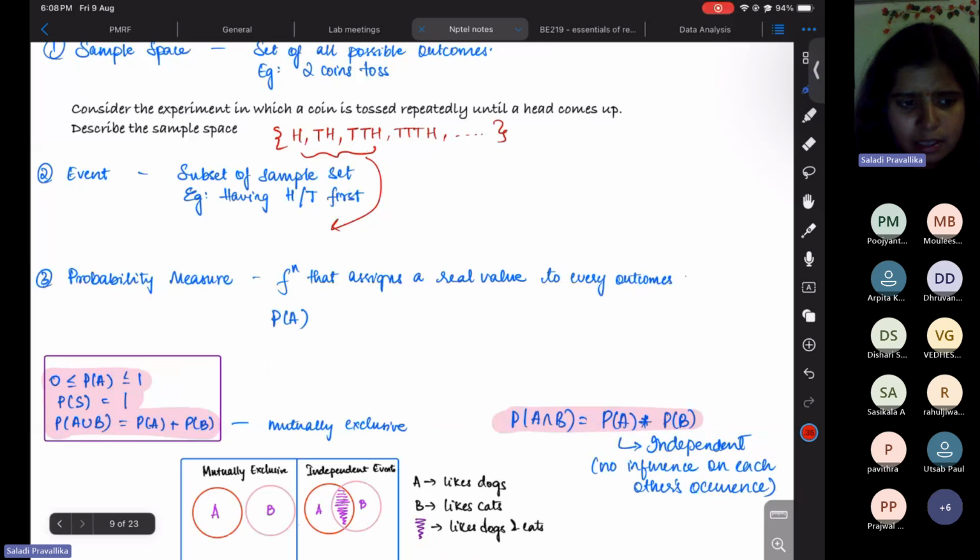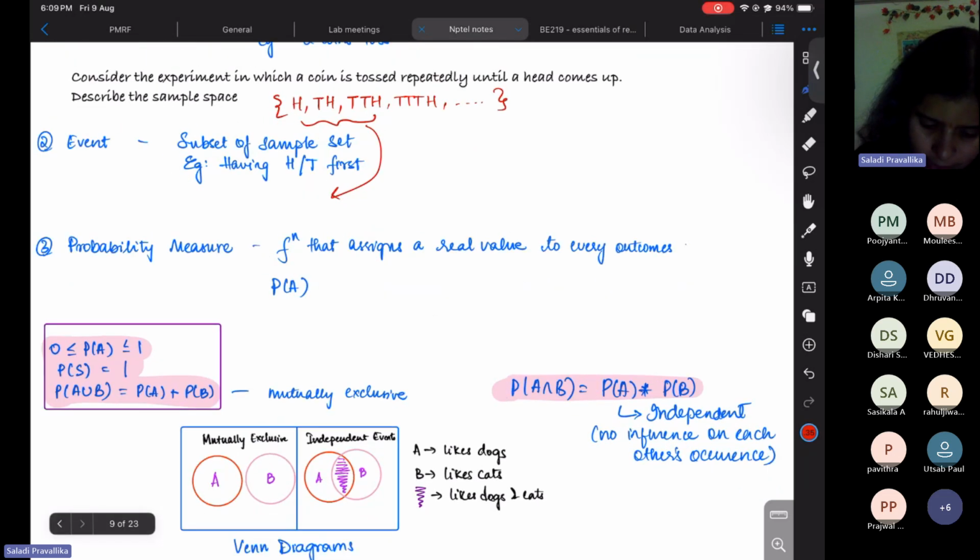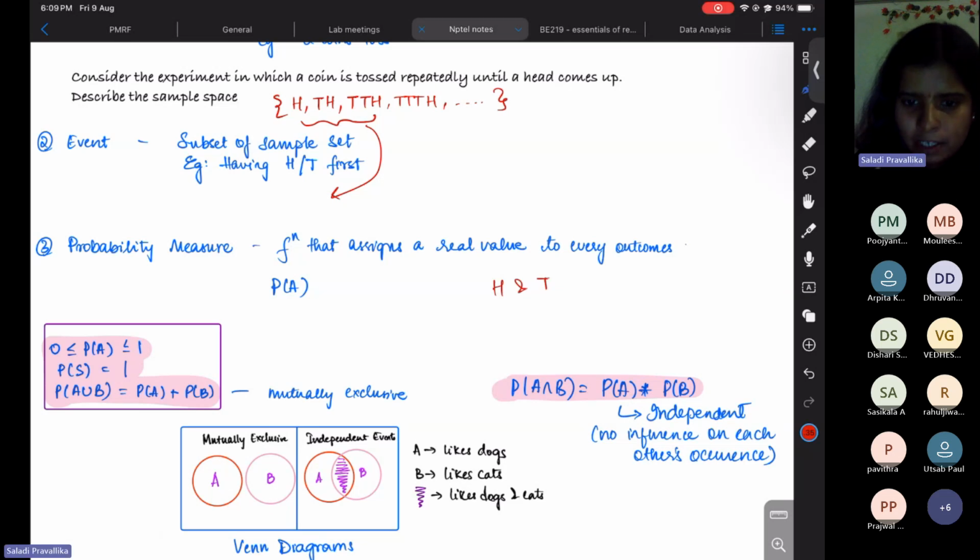Probability measure. This is something you guys already know. So this is the function with which we assign a probability to some value, right? For example, if I'm taking the head and tail, the probability of getting a head is 50% and the probability of getting a tail is 50%, right? 50-50% chances I have.